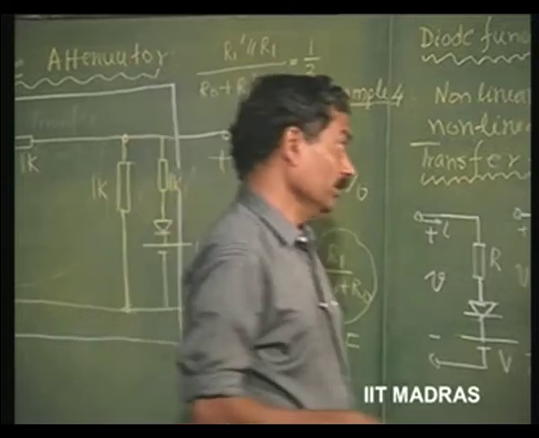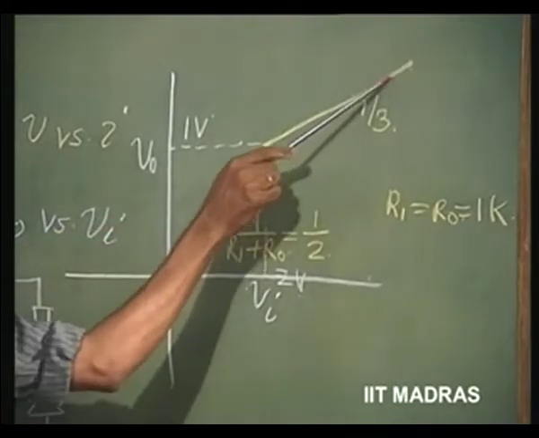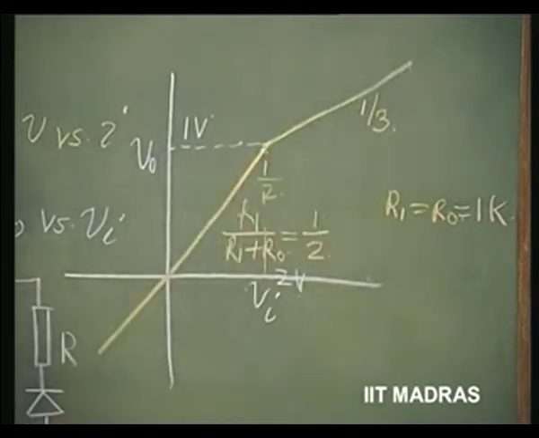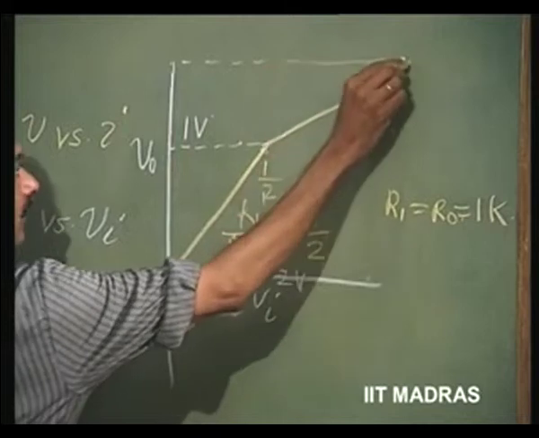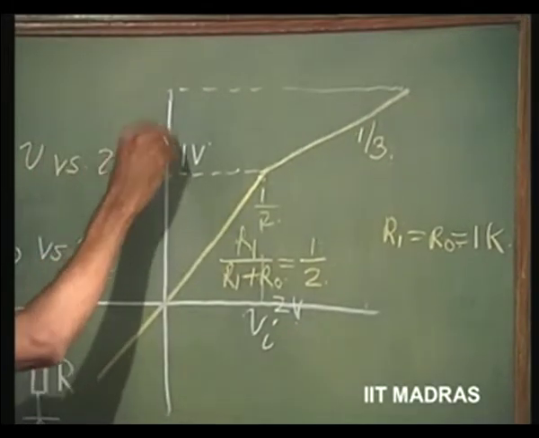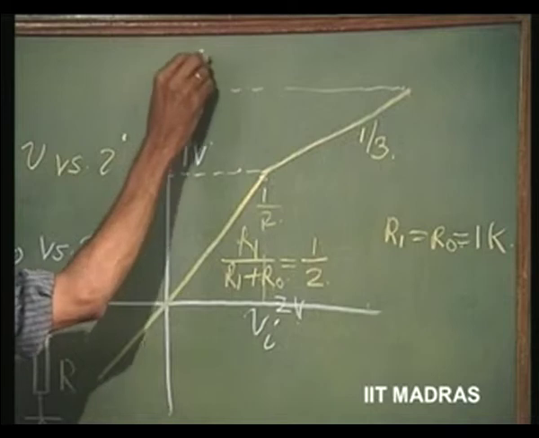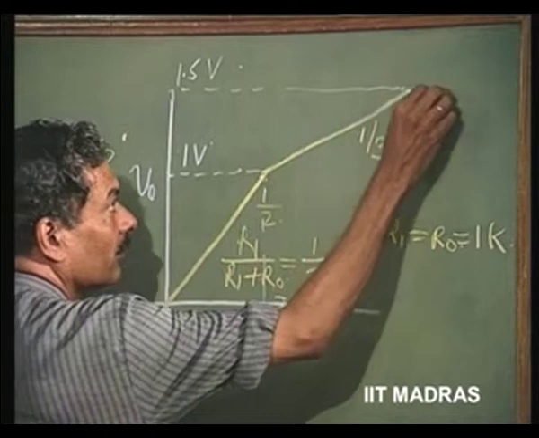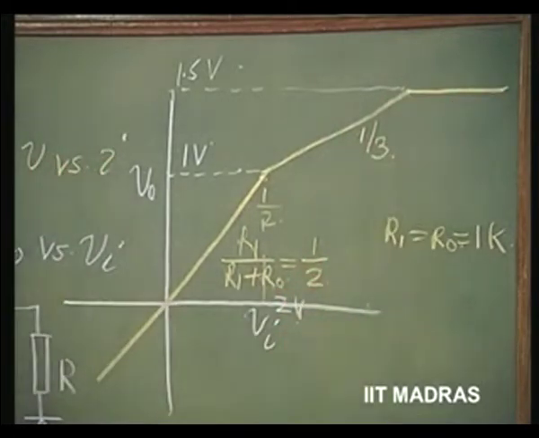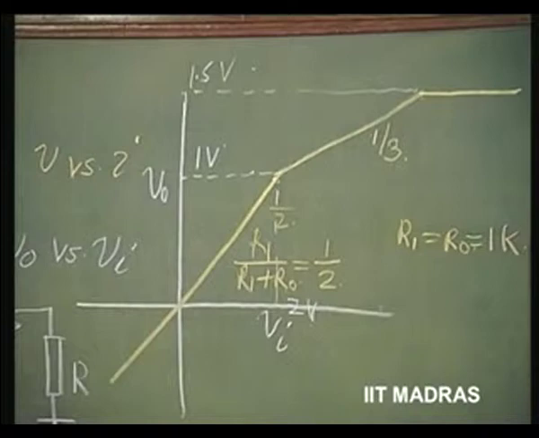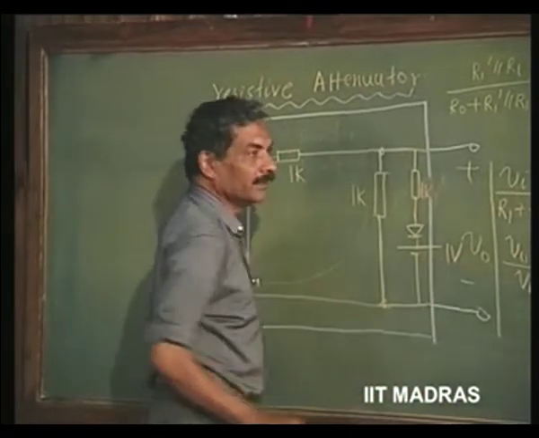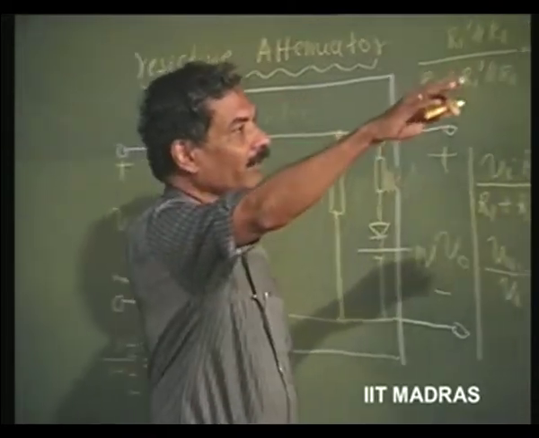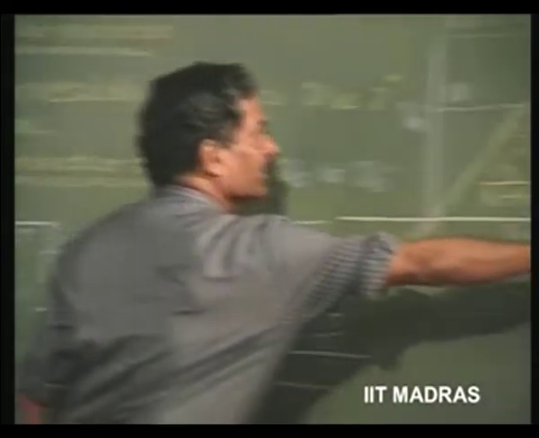Let us say I want this slope to finally become, at 1.5 volts, equal to 0. That means I should bring in 0 resistance across this, so that the output voltage remains constant at 1.5 volts irrespective of the input voltage.